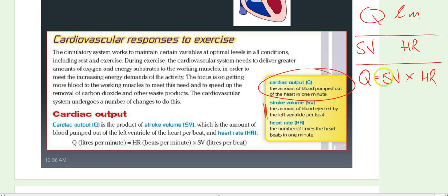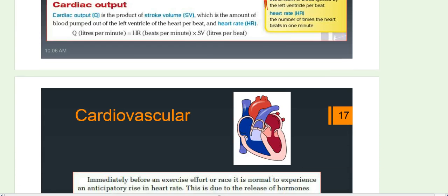When we exercise, if stroke volume increases, then cardiac output will increase. If heart rate increases, cardiac output will increase. And again, during activity, it's most common that both stroke volume and heart rate will increase.